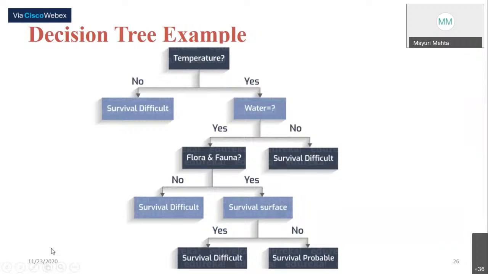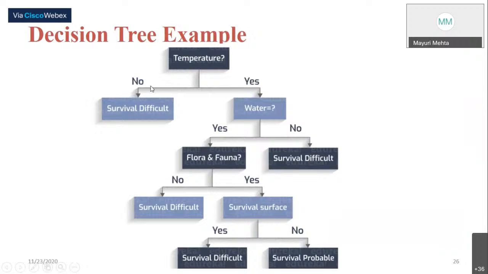These factors can be what is the temperature on the planet, whether water is present on the planet or not, whether flora and fauna survive the climate or not, whether the surface is prone to continuous storms or not.